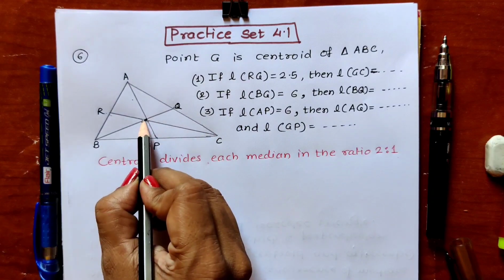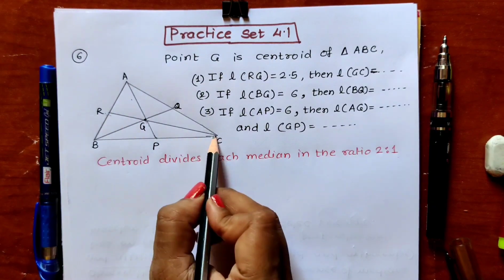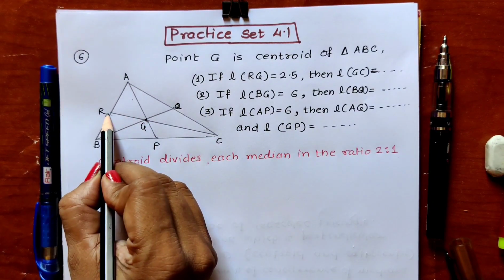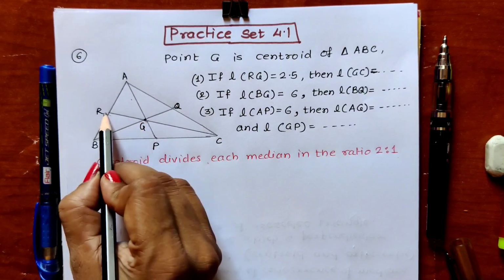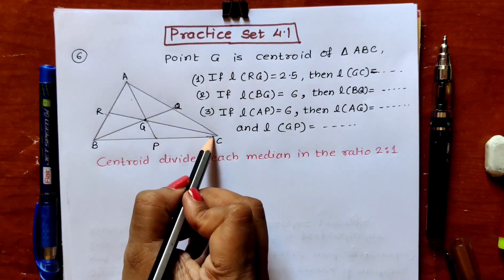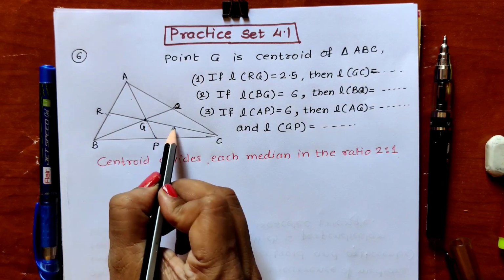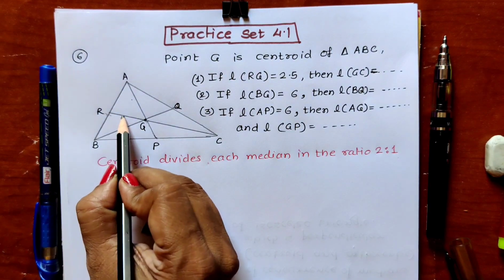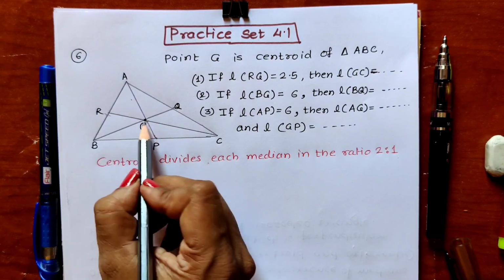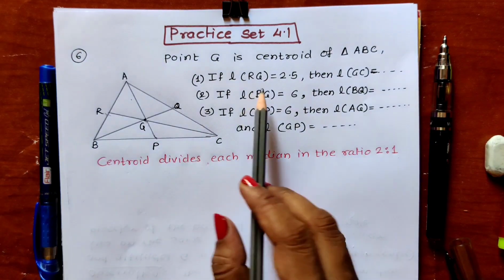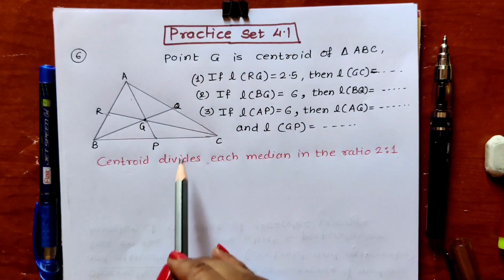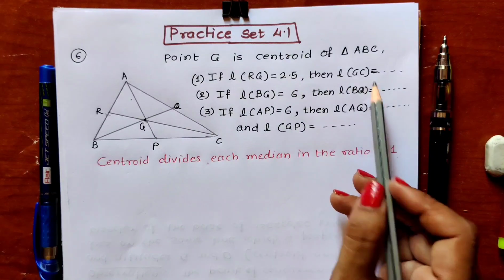If CG is 4, GR will be 2. If CG is 6, GR will be 3. If CG is 12, GR will be 6. That means this bigger part is double the smaller part, and the smaller part is half of the bigger part. So depending on this property, we will be finding out these distances.